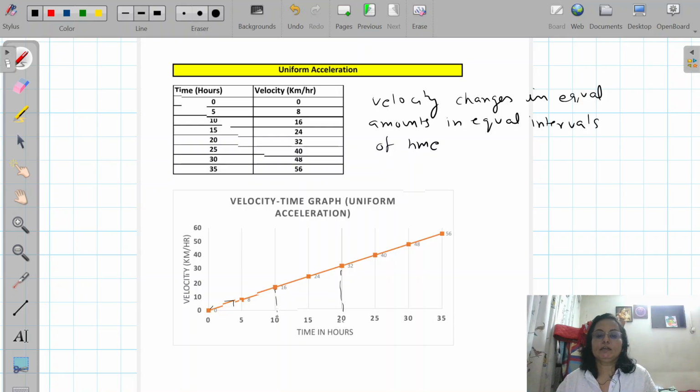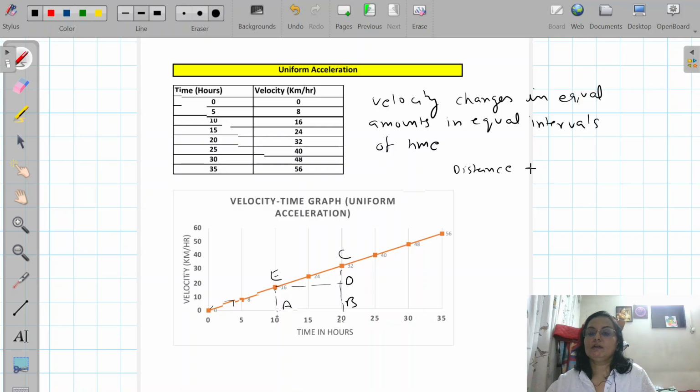We have to find out the distance covered by the train when it traveled from A to B. So we know that velocity is distance upon time. So distance covered will be velocity into time.